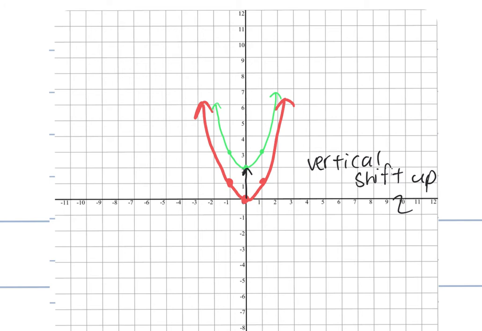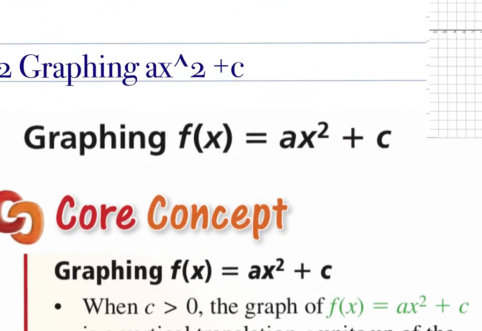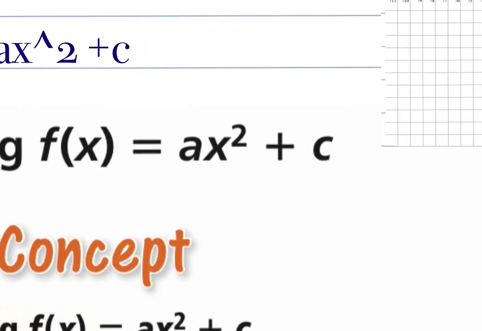Okay? All that the quiz will ask you is either graph this or tell me those 6 characteristics. Today we are looking at ax squared plus c. So yesterday, do you guys remember we just looked at ax squared? We're adding now the c term. What term are we still missing? Write that down.